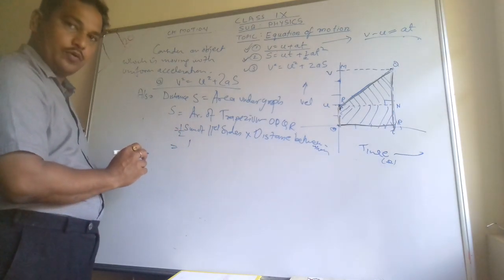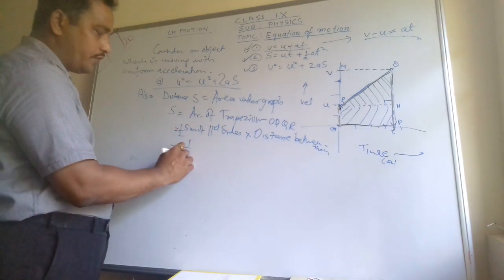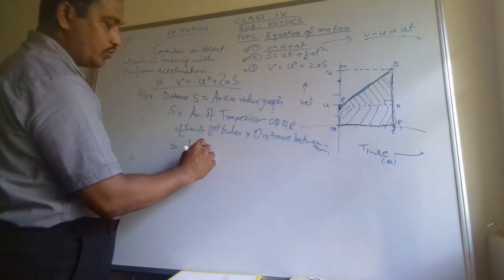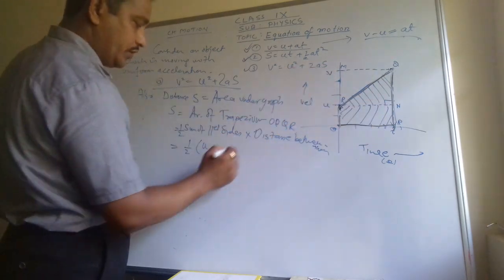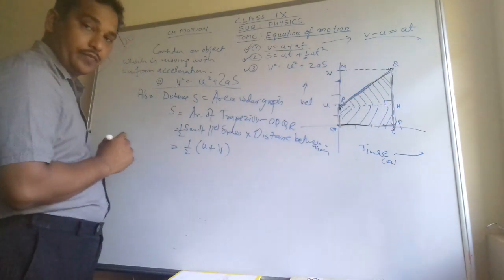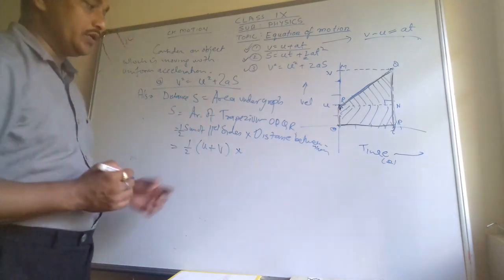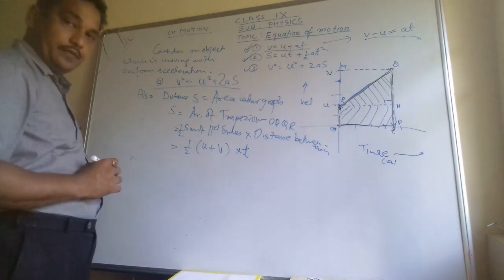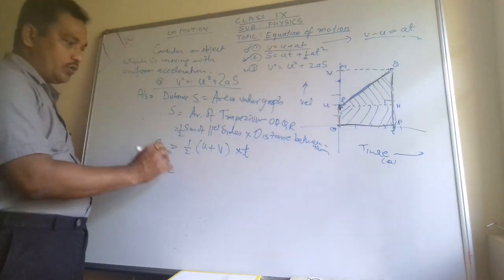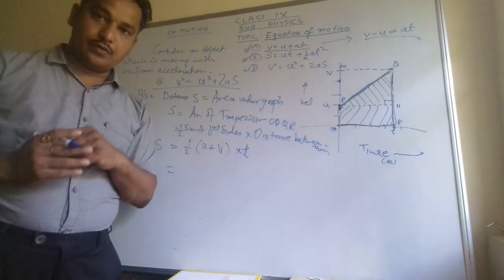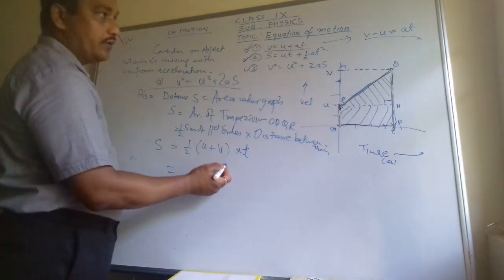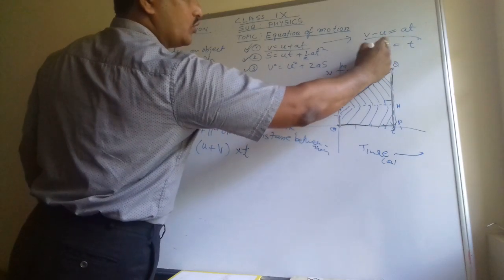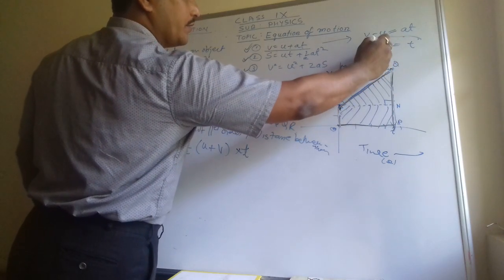So this will be equal to half, into the sum of the parallel sides: from here to here this is u, and from here to here this is v. So u plus v into the distance between them. How much is the distance? t. So this is equal to s. Now from the first equation you are also aware that in place of this t, we can write v minus u upon a, isn't it?